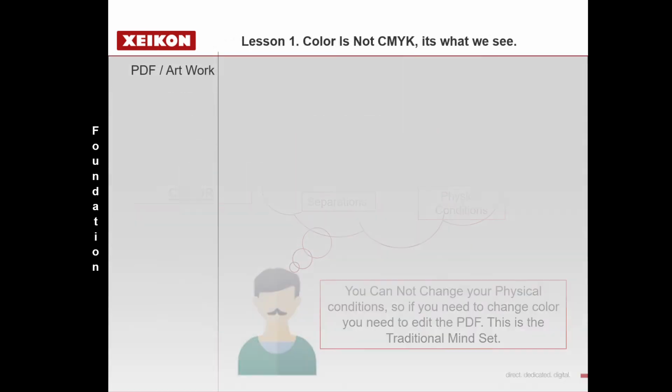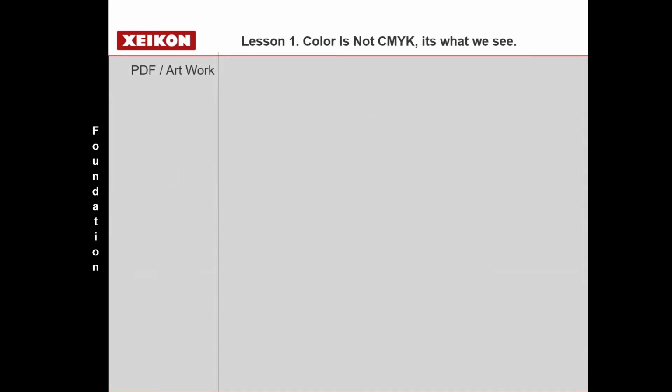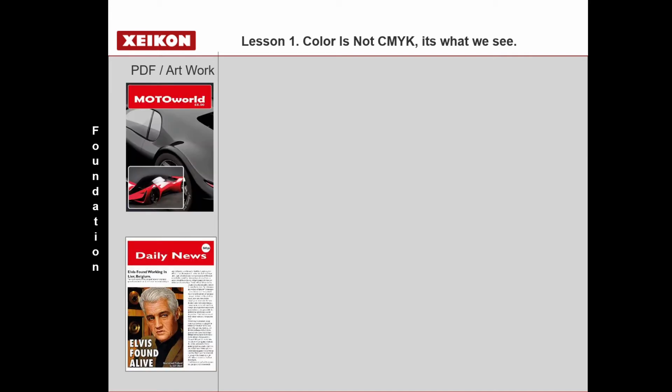Well, the first thing we have to break is this concept of CMYK is colour. So let me try to illustrate this in a very simple manner. We have two pieces of artwork, and you see there is the red header on top of each of them, and they're constructed in the artwork using the same CMY separation, 100, 100.